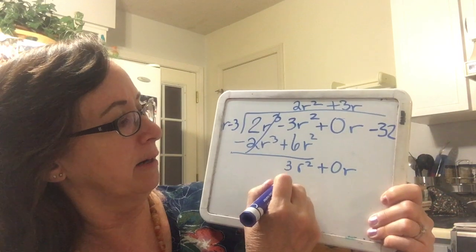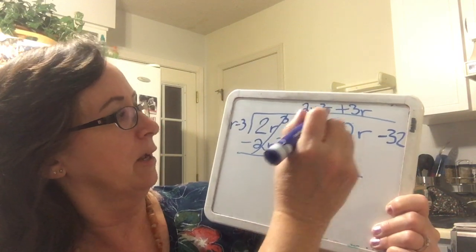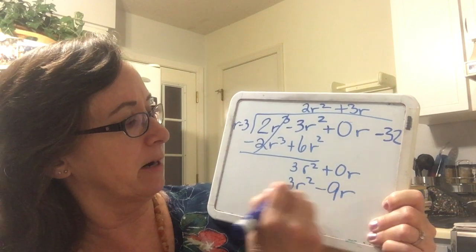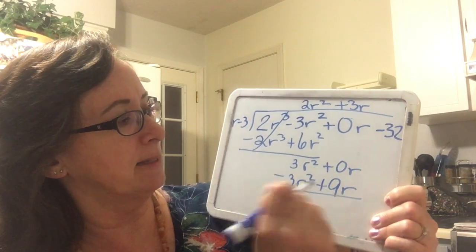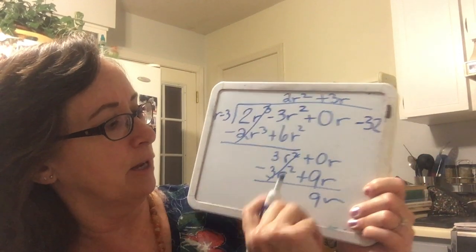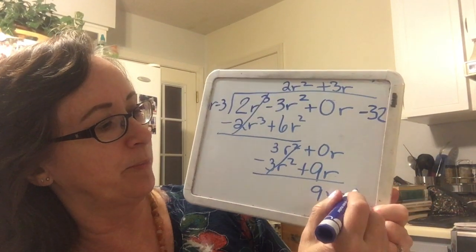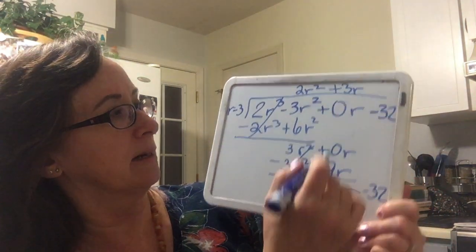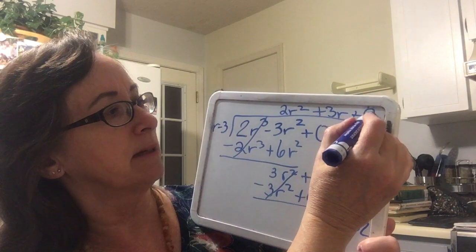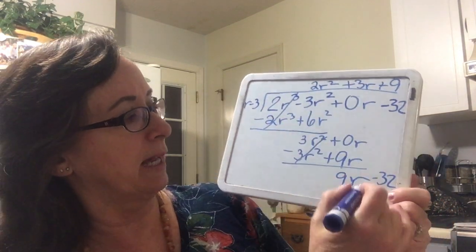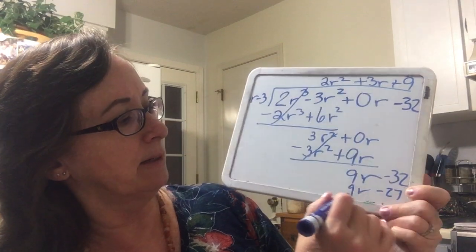And now I've got a spot right above the r's to put that 3r. 3r times r is 3r squared. 3r times negative 3 is negative 9r. Change both signs, and now I've got a 9r, because this cancels out, minus 32. And now r into 9r goes 9 times. 9 times r is 9r, and 9 times 3 is negative 27.